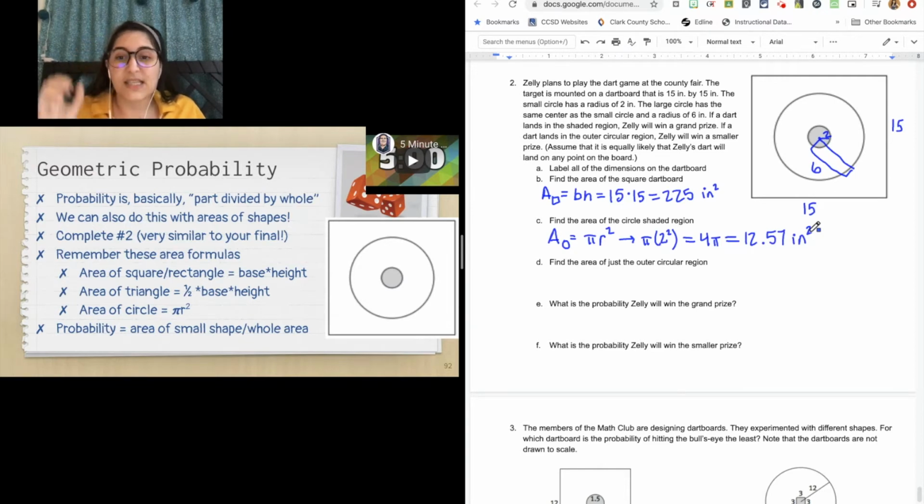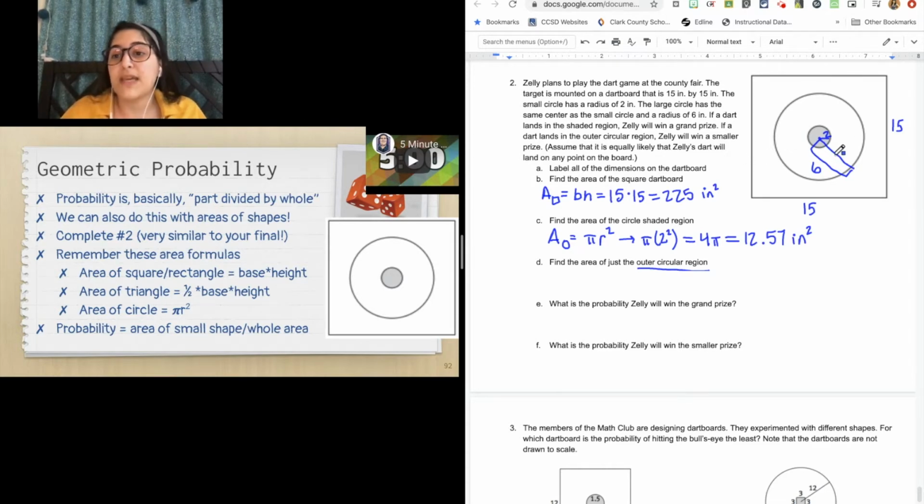Part D is a little bit trickier because it's asking me for the area of just the outer circular region. So not the whole circle, not this whole big circle, but just the ring part, right? If you think of it like a donut, I'm trying to find just the area of the donut without the hole in the middle.